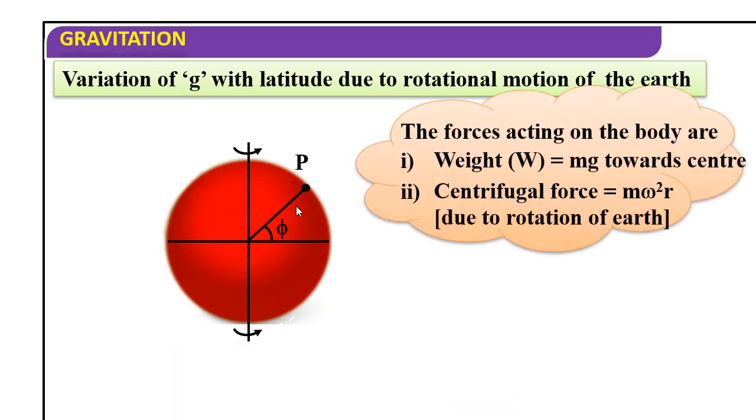Weight mg acts towards the center, in this direction. And the centrifugal force will be acting in this direction. Centripetal force will be towards the center, inside, but on the circle the centrifugal force will be m omega square r, away.